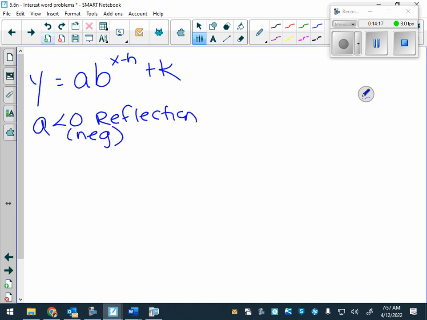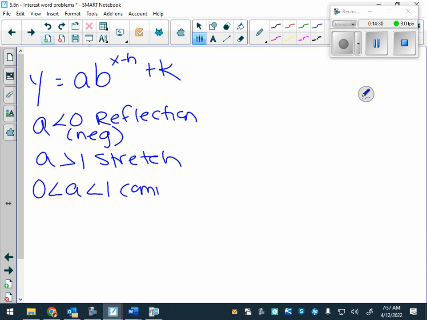So if you're still having trouble with transformations, I suggest you write this down. A is greater than 1, you have a stretch; between 0 and 1, you have a compression. Okay? That's your A value, the number in front, which occurs first before you move up or down.